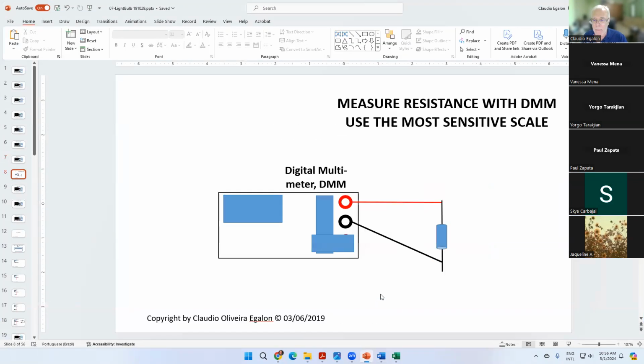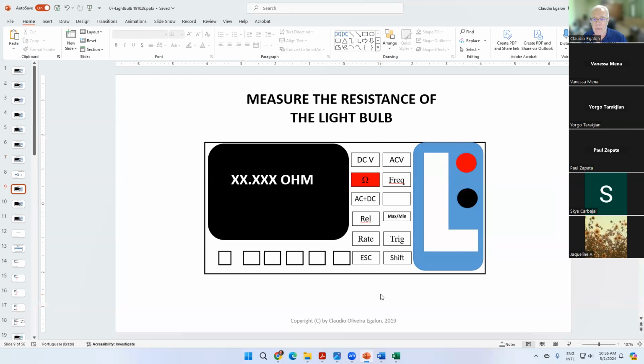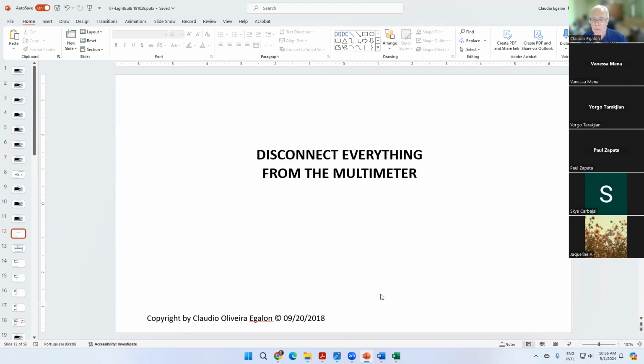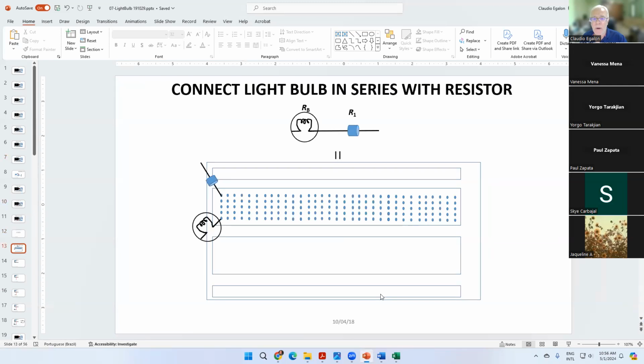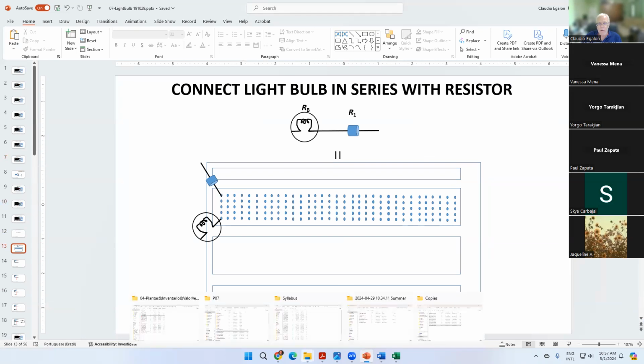And we measure the resistance value of the resistor. We measure the resistance value of the light bulb. And now we are going to get those two devices in the protoboard first. They're going to be connected in series, just like I connected in series in the simulator.